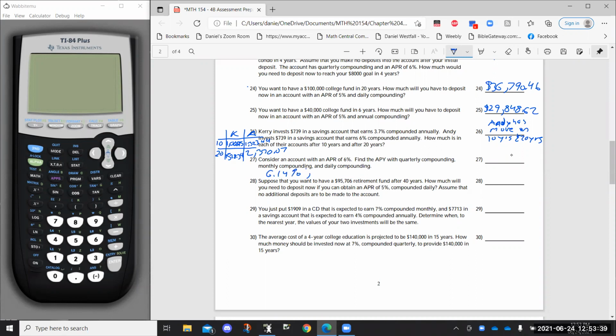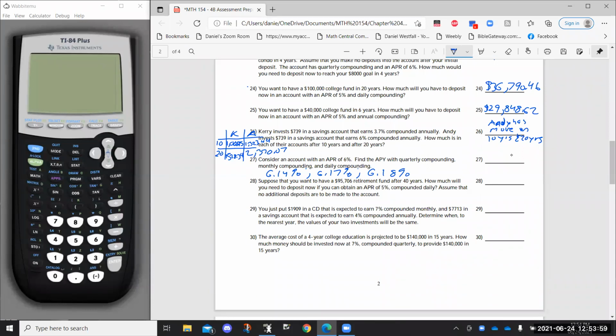And compounded monthly is going to be 6.17%, and when compounded daily is going to be 6.18%. It didn't have a big change on the yield to compound monthly to daily, right?